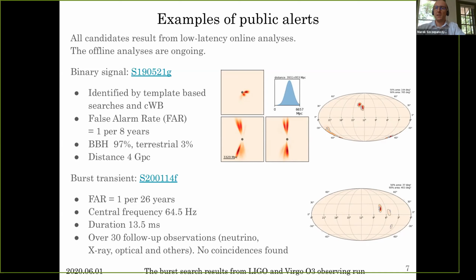The second example I want to show is a burst transient from January 14 this year. The false alarm rate is 1 per 26 years, with a central frequency of 64 hertz and a duration of 13 milliseconds. So it's a very short and low frequency transient. There were a lot of follow-up observations, but nothing was found.